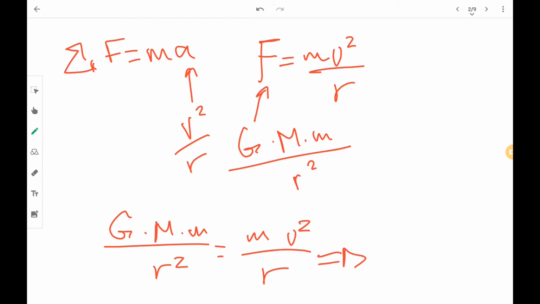If you solve for v, you'll get v squared is equal to GM over r, and the velocity is generally displacement over the time. You already have the time, 24 hours, which is d, and the displacement is the circumference of the orbit, so it's 2 pi r.